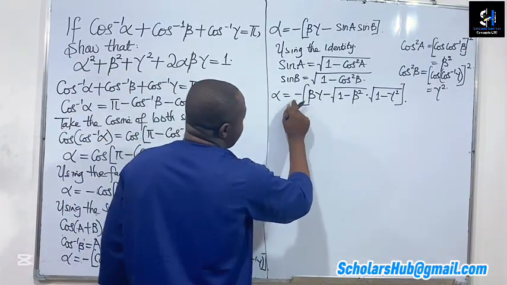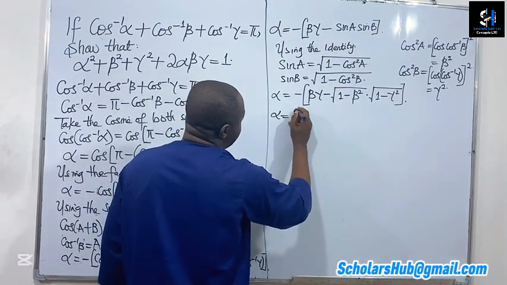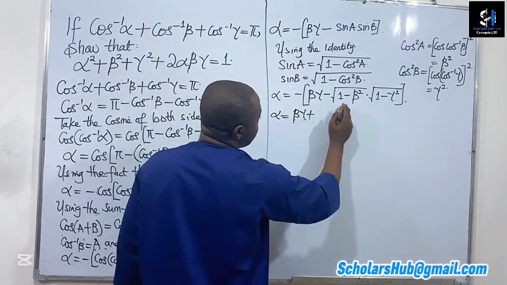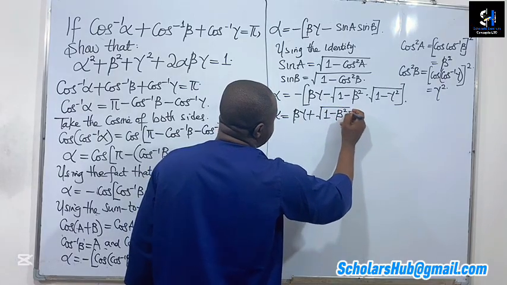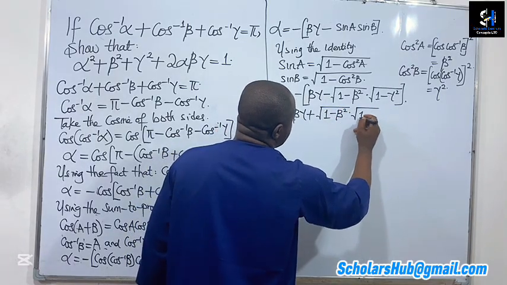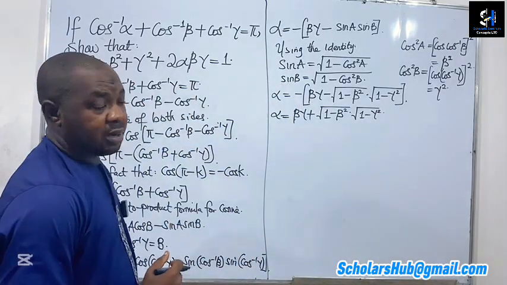Now I'm going to distribute the minus in this case. So this will be alpha equals beta gamma plus the product of the square root of 1 minus beta squared and the square root of 1 minus gamma squared.